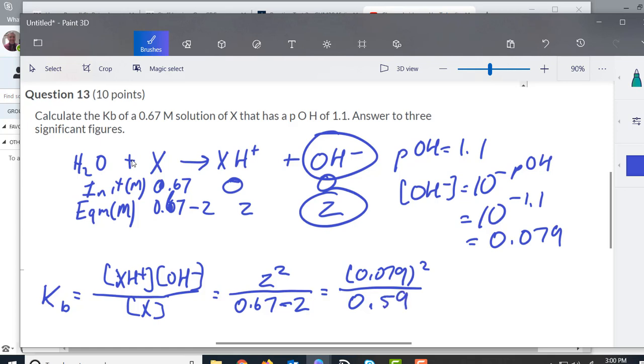Now where I get that from, it's 0.67 minus 0.079, two decimal places.